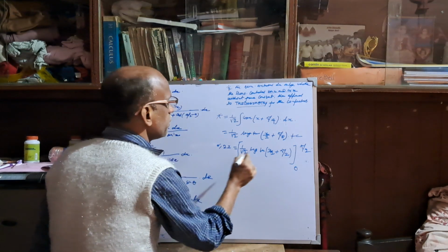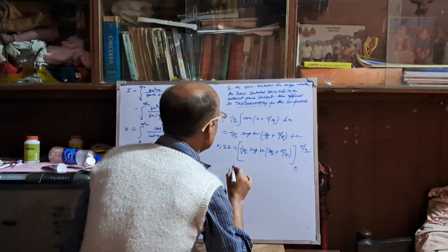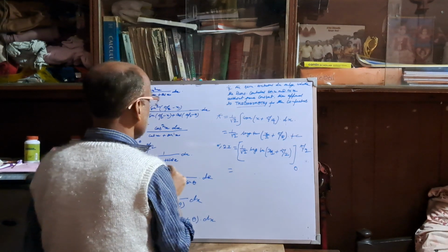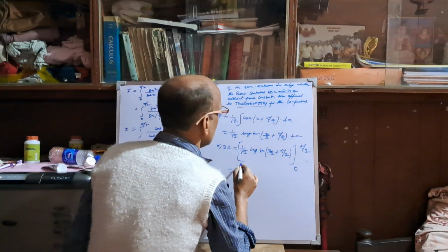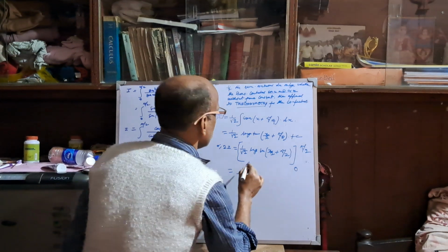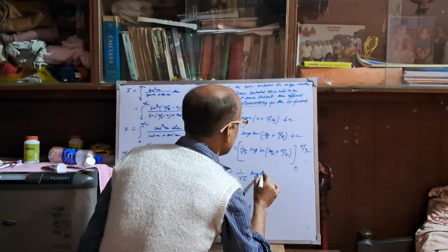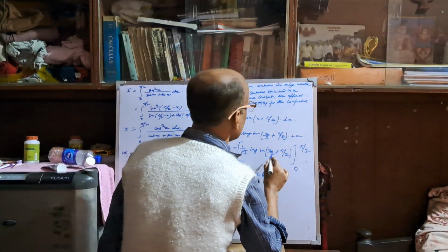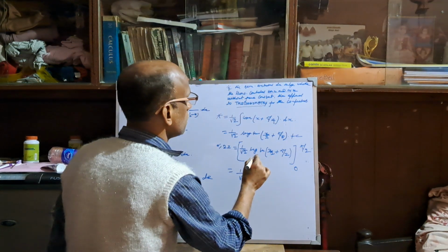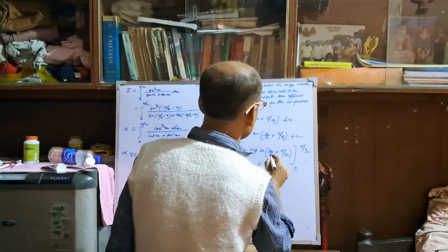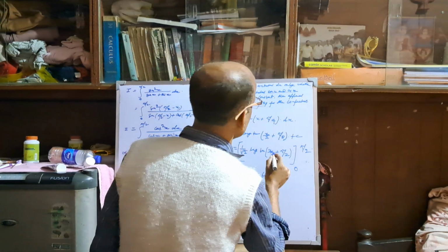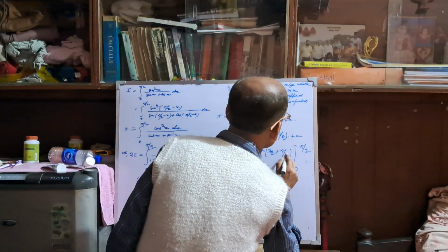If I put this value, then 1 by root 2 will be out of the bracket, then this will be log tan, and if I put the lower value, yes, pi by 8 is here actually.